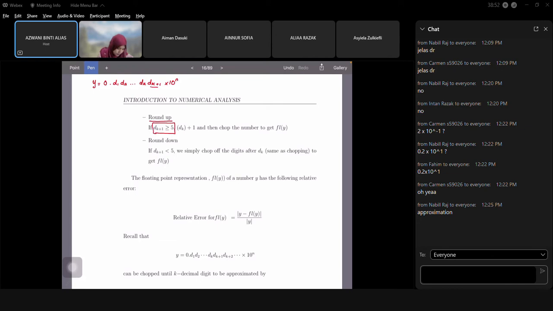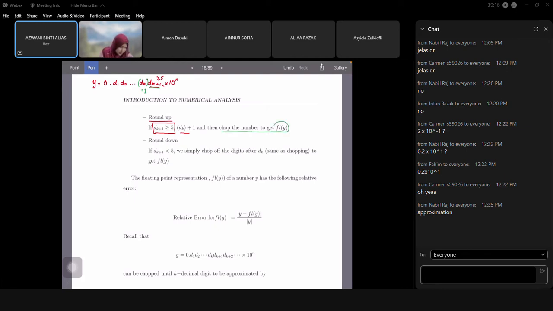Bila nombor kat sini, dia ada lagi kat sini kan, dot, sorry dia ada dot. This is greater than or equal to 5. So, DK ni, jikalau DK plus 1 is greater than 5, so DK should be plus 1. Then chop the number to get the floating number.